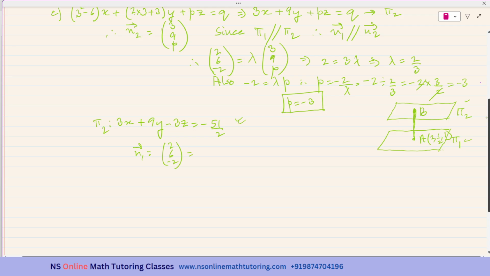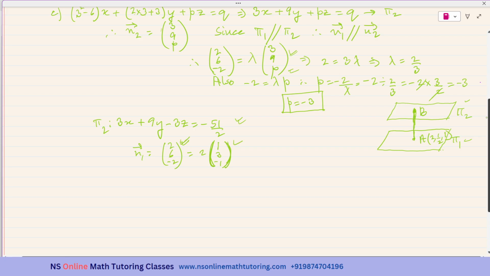Of course, if you take this, you will not be wrong, or in case you take this, it is 3, 9 and minus 3, in place of p, it will be minus 3. If you take this as the n2, you will not be wrong. But I am a little lazy, so I am taking 1 and then 3 and then minus 1. I will be taking this vector. This is also perpendicular.